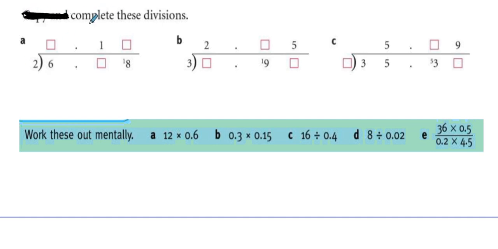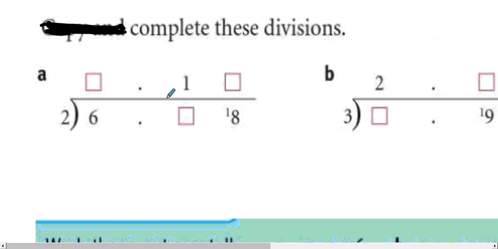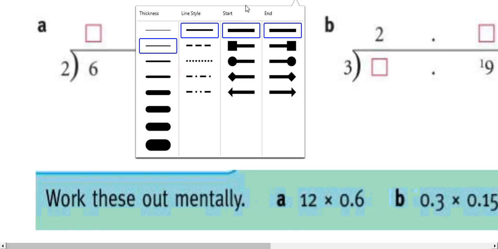So the question remains: complete these divisions. How do we complete? This is a division which I want to expand so that everyone can see. Let me do A.